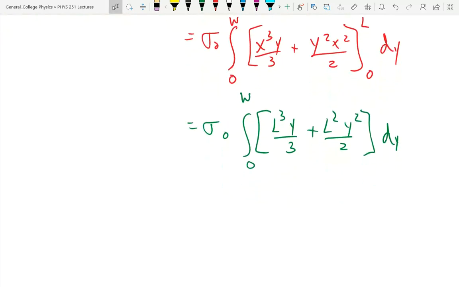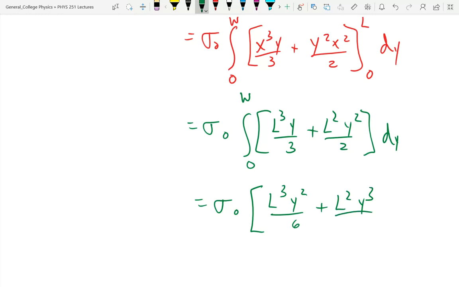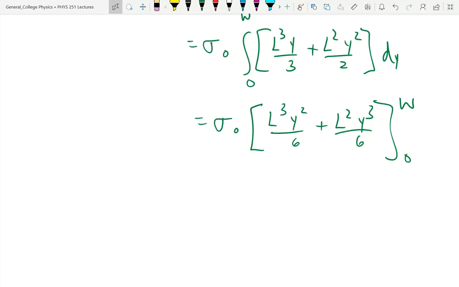Then you do that integral. It looks very similar, right? And so finally we put in our limits.